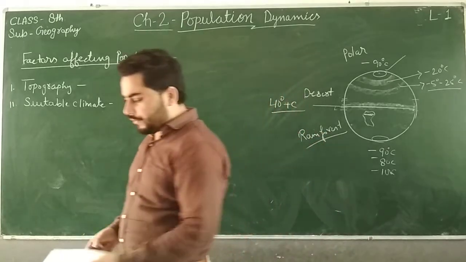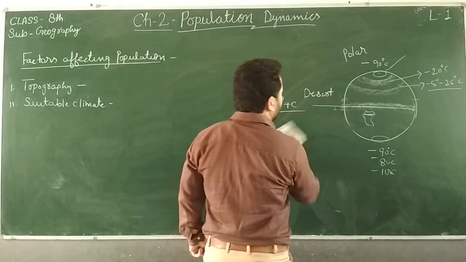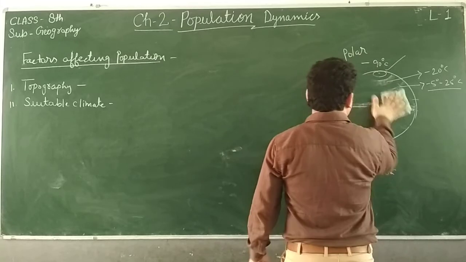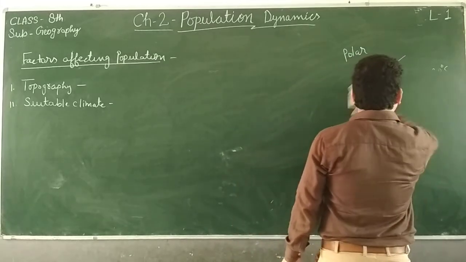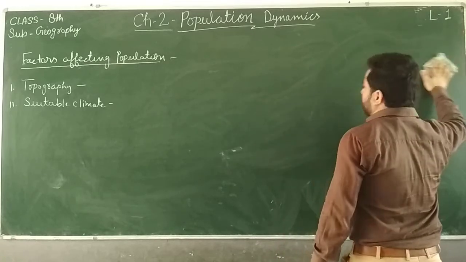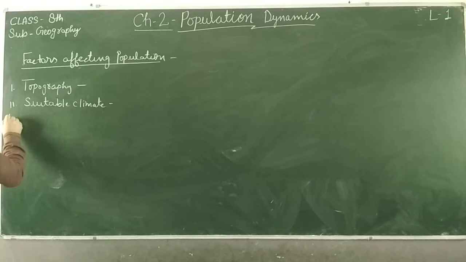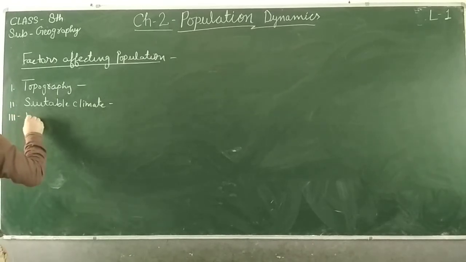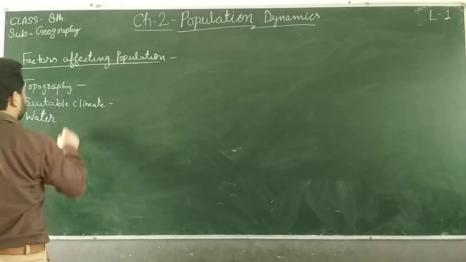Okay, now the next point is water availability. So this is the prime thing. If somewhere water is not available, you will not survive, you will not be able to live, because in terms of our needs, oxygen is the topmost.